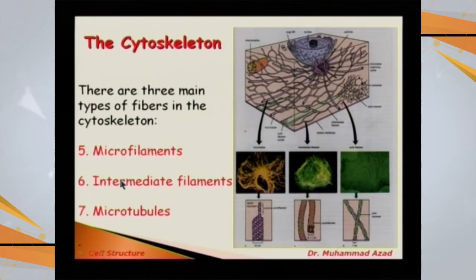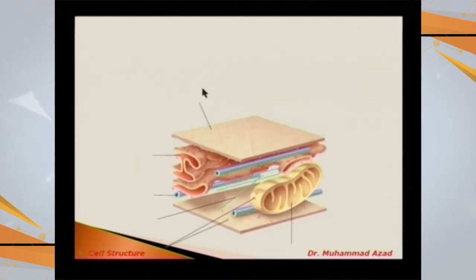Intermediate filaments are from 8 to 12 nanometers in diameter, and microtubules are on average 25 nanometers in diameter, but the microtubules are hollow in the middle. So this is one of the microfilaments, this is one of the intermediate filaments, and this is one of the microtubules. They are arranged as a skeletal system inside, maintaining the cell and performing special activity.